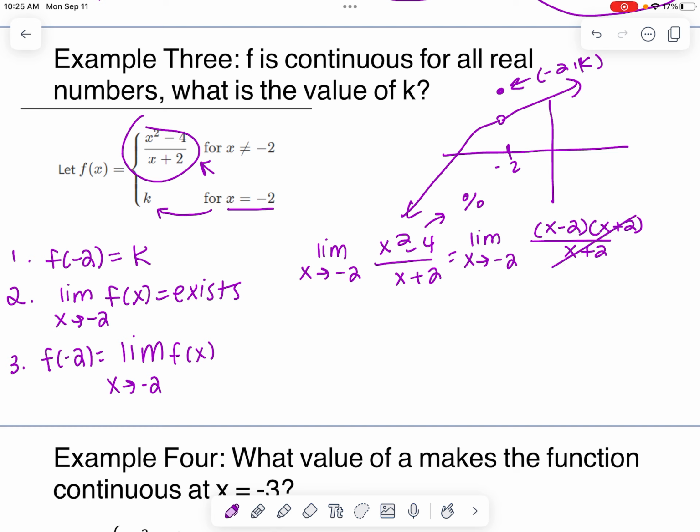And then these would cancel out. I'll get the limit as x approaches negative 2 of x minus 2. And then I'll get negative 2 minus 2, and that equals negative 4. So I figured out that the limit is negative 4.